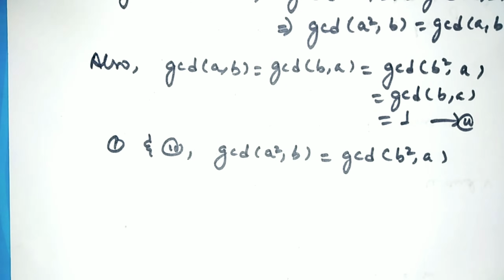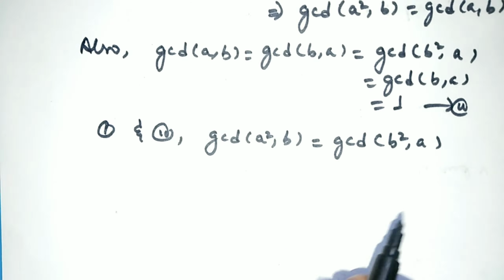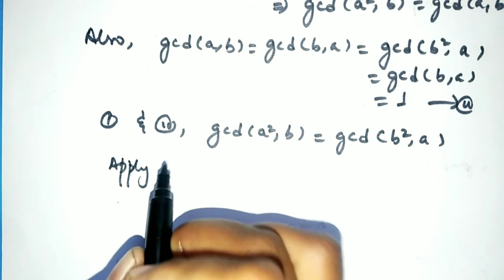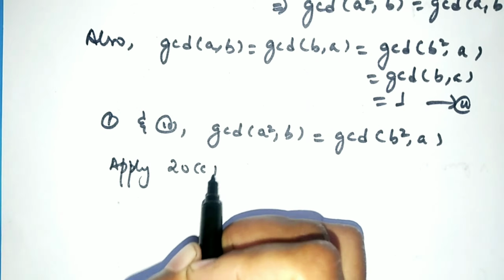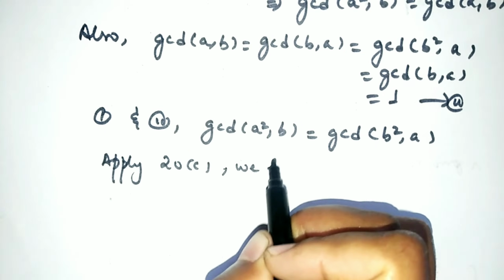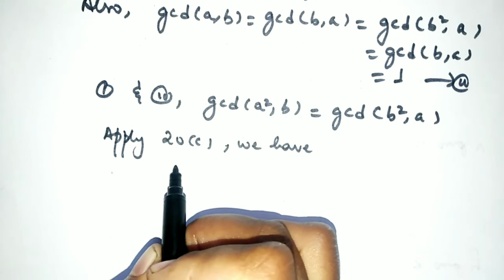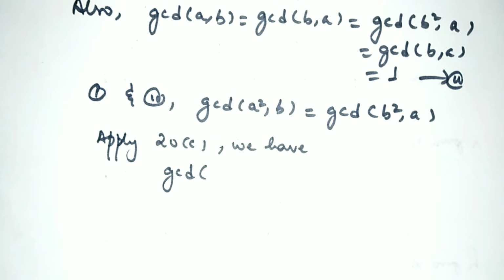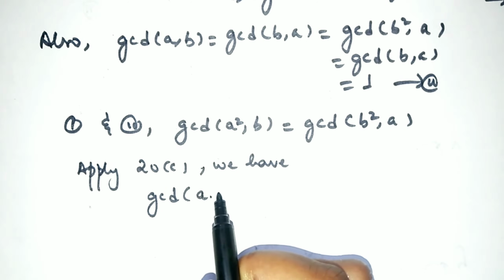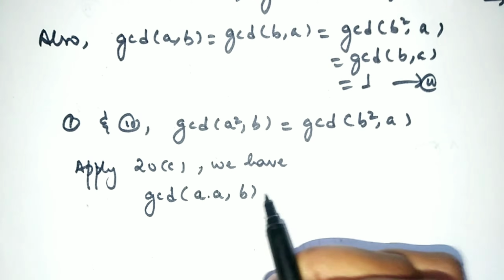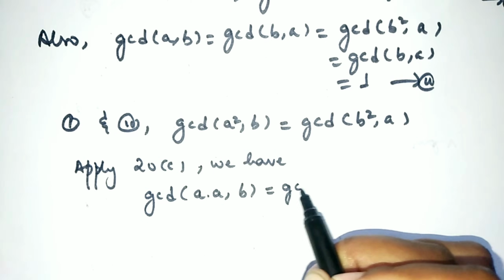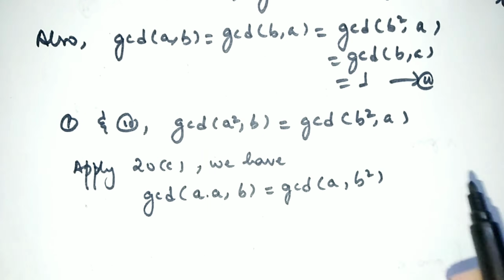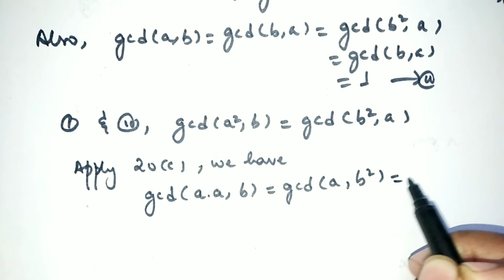Now again I apply the previous question to this one. Again apply the previous one. Okay, apply that question 20C. We have GCD of A times A comma B equal to GCD of A comma B square equal to 1.